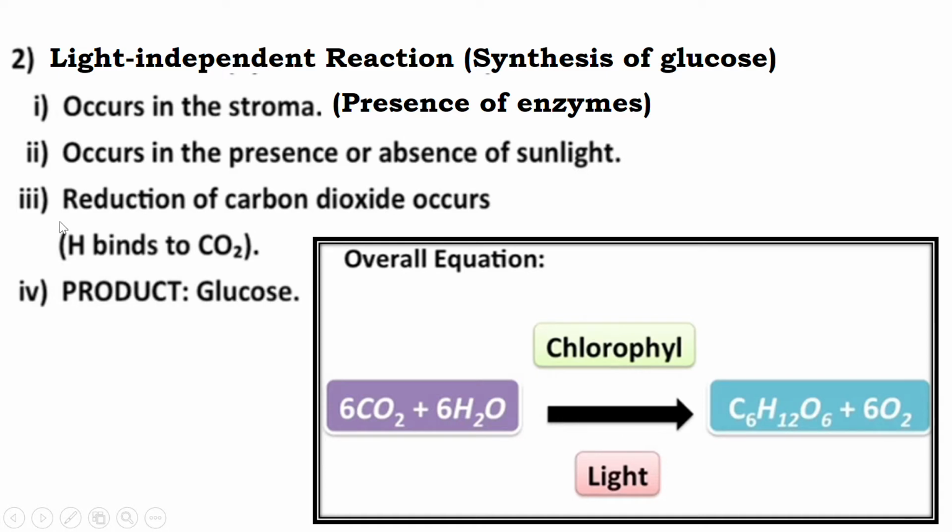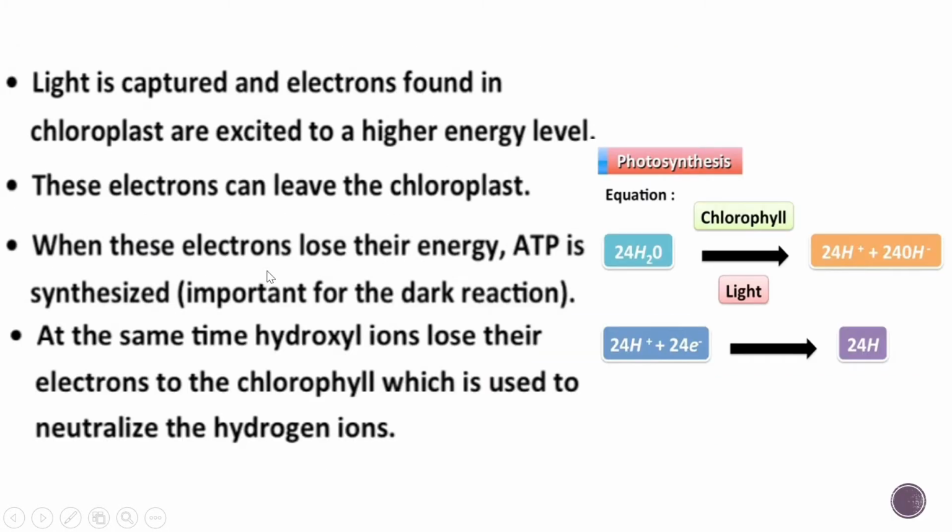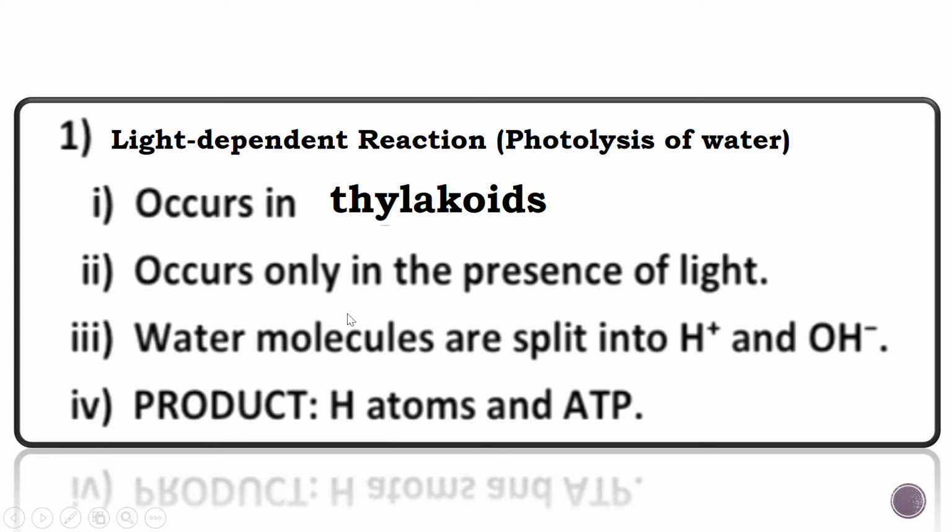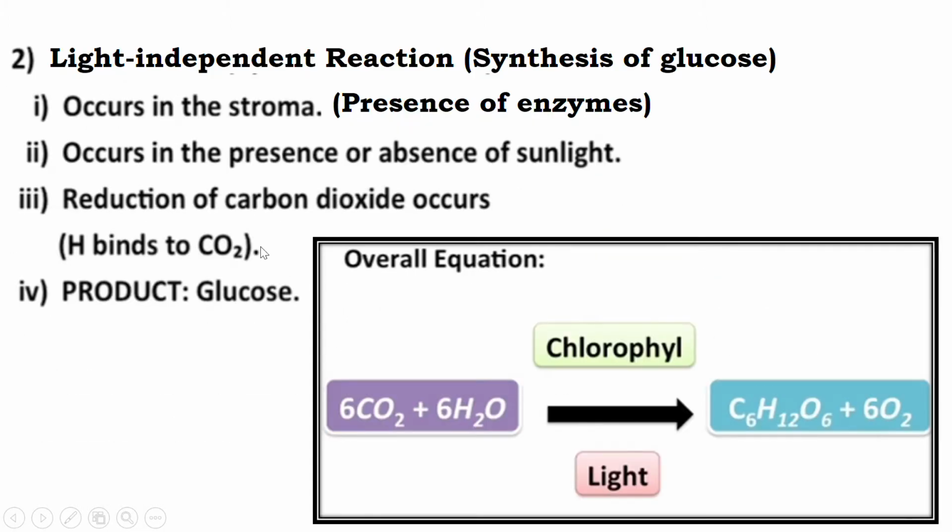It will bind to the hydrogen atom from the light-dependent reaction just now. This carbon dioxide will bind to the hydrogen atom. So in chemistry, you learn the process of oxidation and reduction. Okay, if a molecule is being reduced, or undergoes reduction, that means it accepts hydrogen, or electrons.